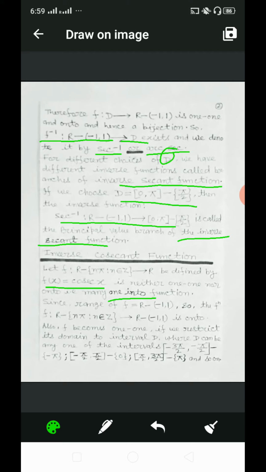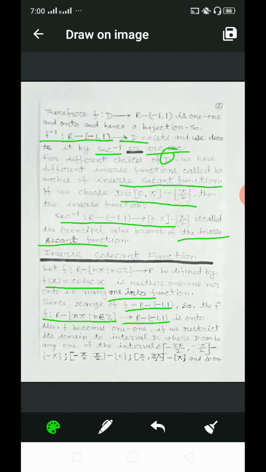Dear students, since the range of the cosecant function is R minus the open interval (-1, 1), the function f from R minus nπ, where n belongs to integers, to R minus the open interval (-1, 1) is onto.